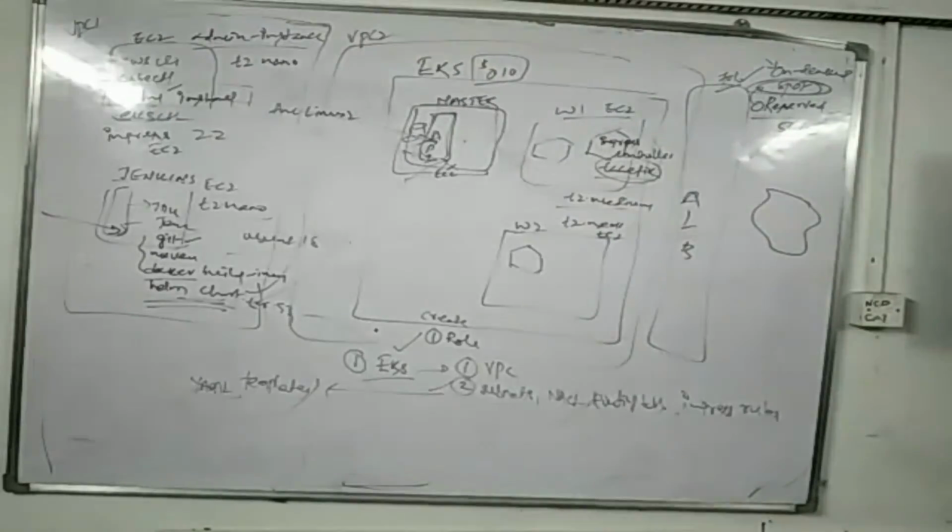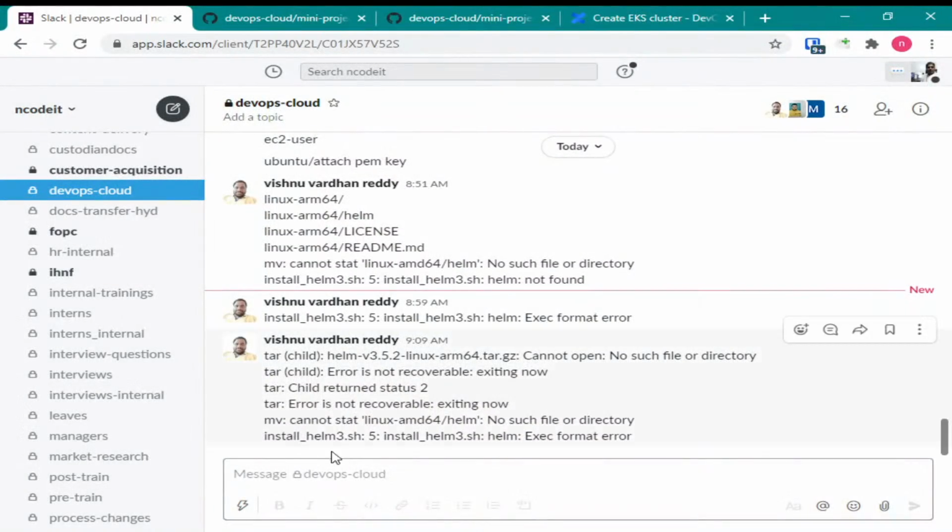Cannot open. No such file or directory, it says, which means wget did not work. Did it download a new file? Are you manually running it or running the whole script? The whole script, sir. Hold on.